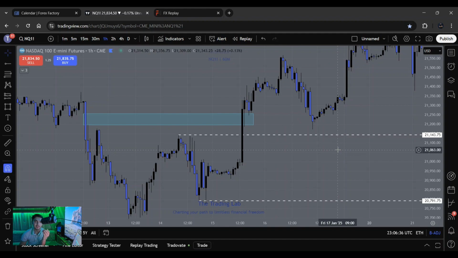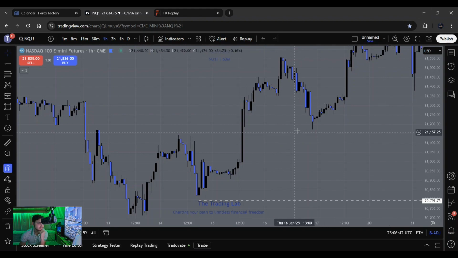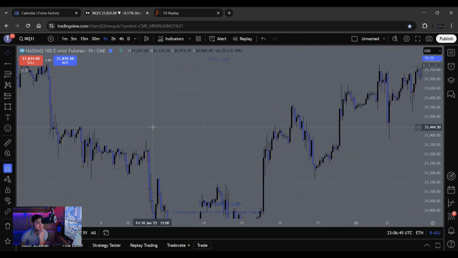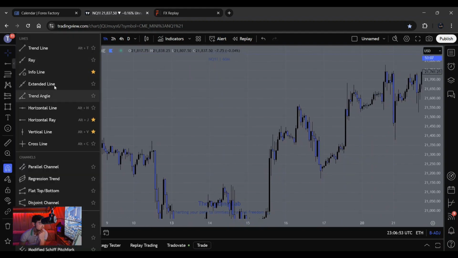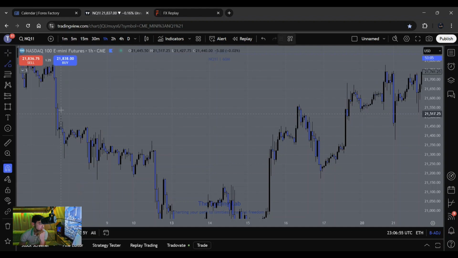It doesn't get any simpler. What else do we see? So, we've come up. Did we fill this fair value gap? No, didn't quite fill that fair value gap, but we've taken out all of this liquidity, all these highs.